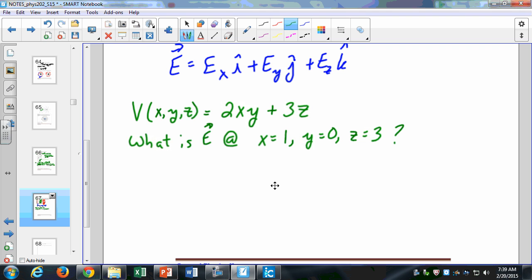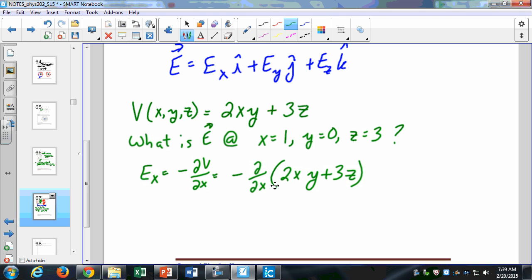In order to find the function for the electric field, I say Ex is negative del V del x. That's the partial derivative of that function with respect to x. So it's going to be negative del x of that function, which is 2xy plus 3z.